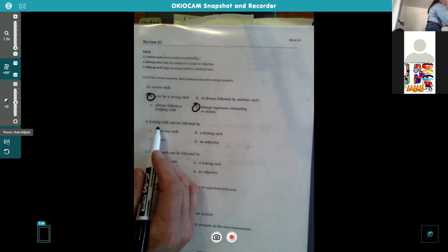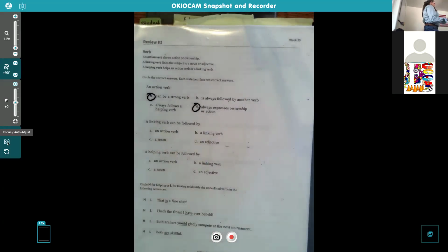Next one, a linking verb can be followed by, look at what it says at the top too. What can a linking verb be followed by? Yes, Juliana. What can it be followed by? A linking verb is followed by another linking verb? No, okay, not that one. Look at what it says at the top here.